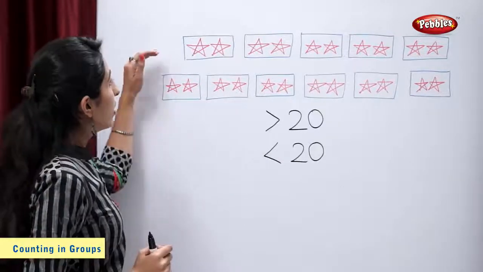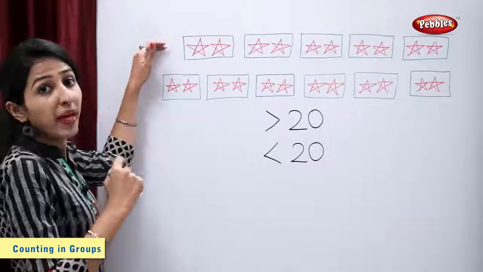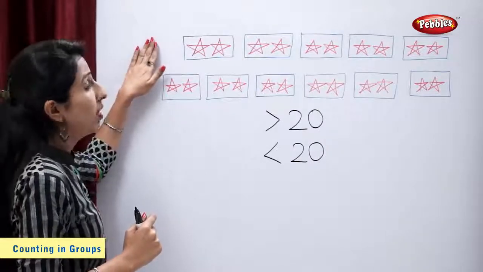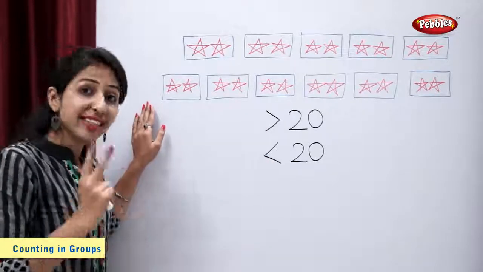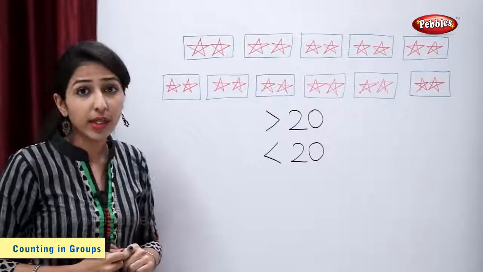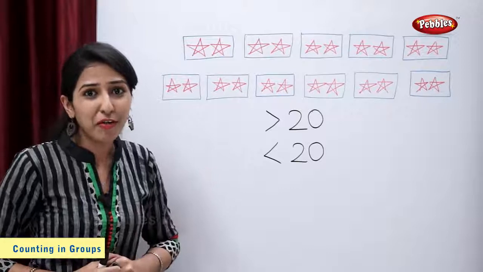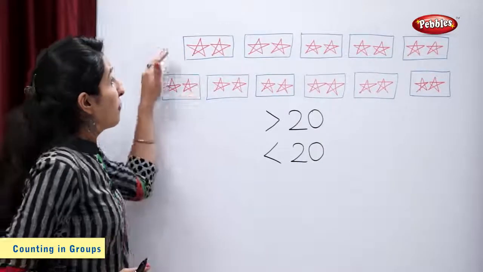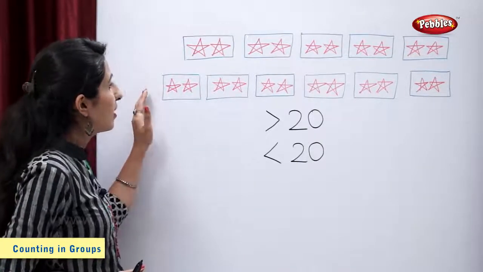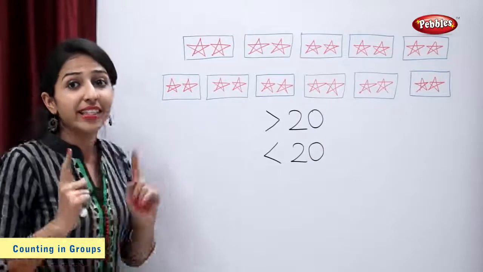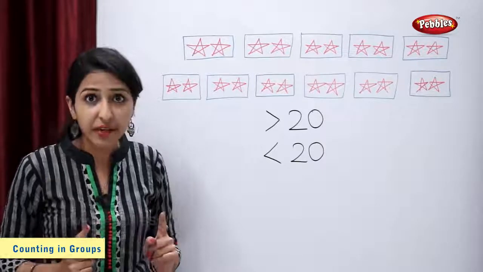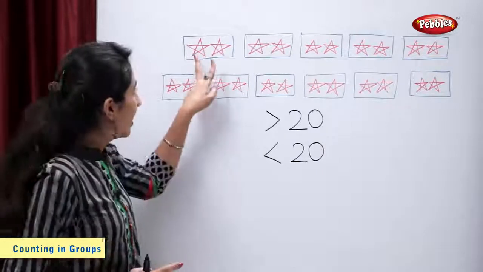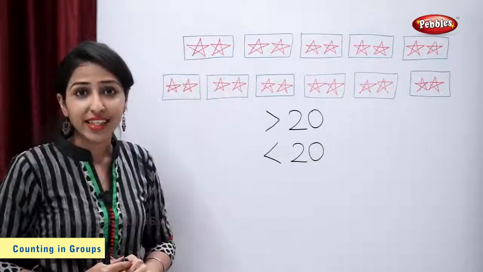There are total 5 pairs in the first row and 6 pairs in the second row. So tell me students, what is the total number of pairs? 5 plus 6, that is equal to 11. So there are total 11 pairs containing 2 stars each.